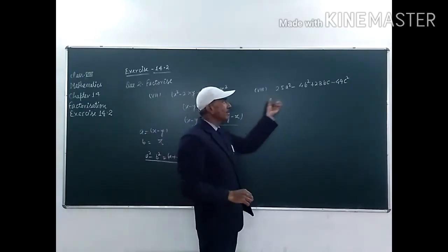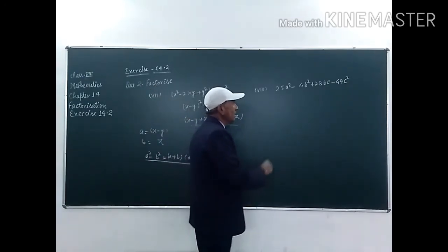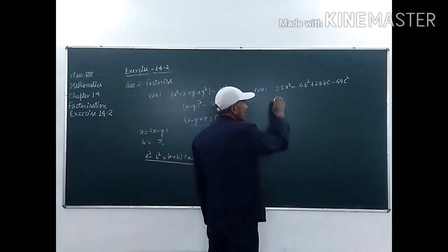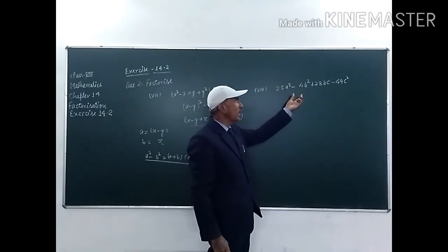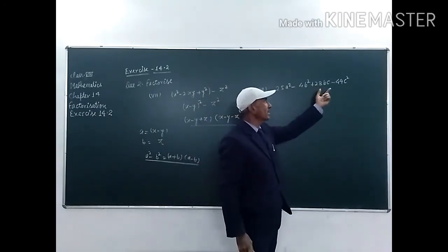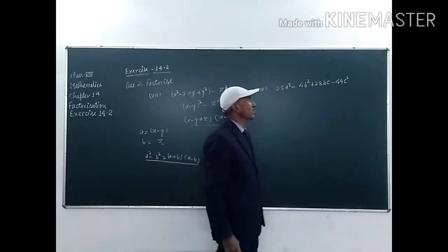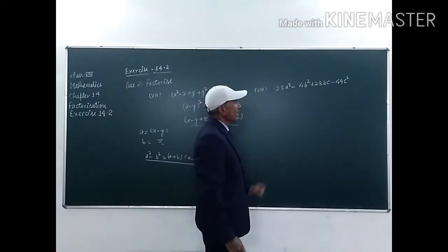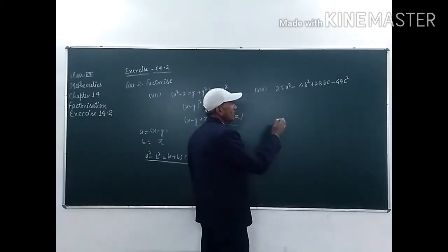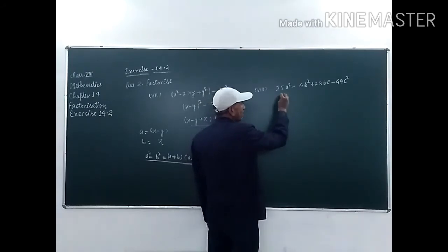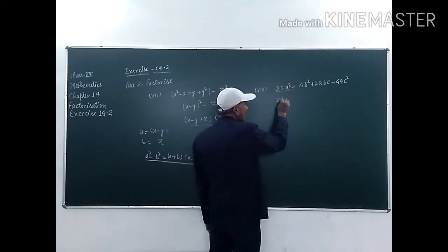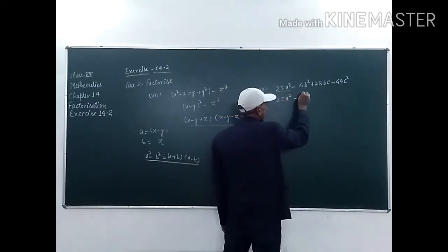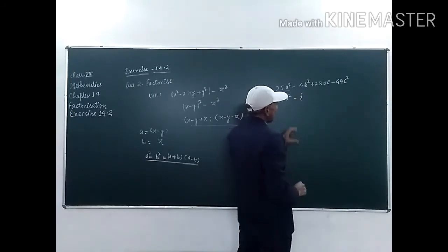And this is the 8th part of the question, students, and in this there are 4 terms, that is 25a square minus 4b square plus 28bc minus 49c square. So, in this expression, students, there are 2 parts, that is 25a square, this one first part, and we have to write this 25a square minus, and put a bracket here, students.